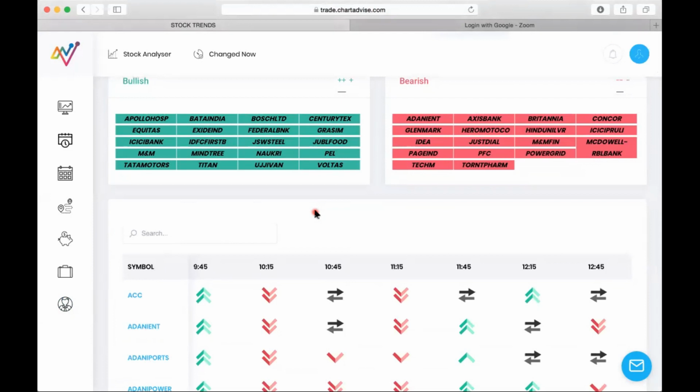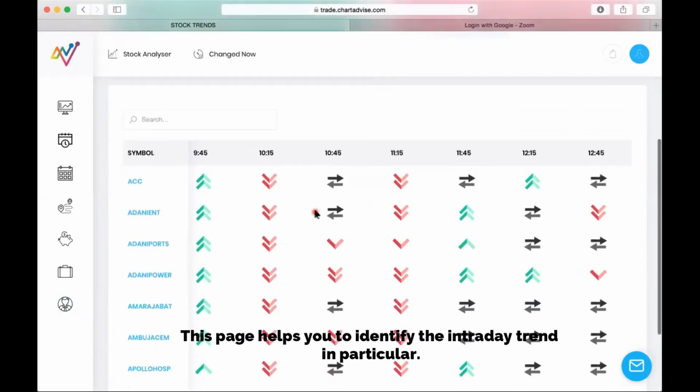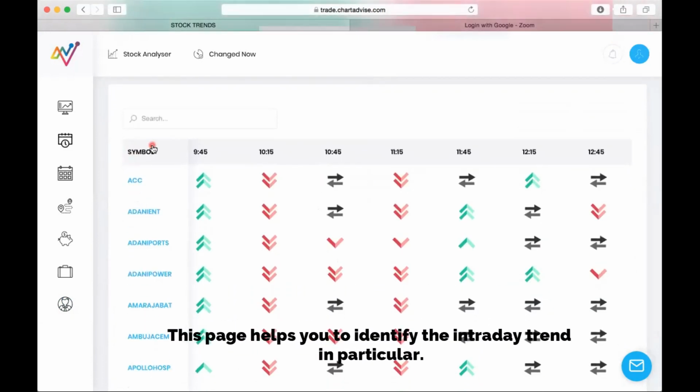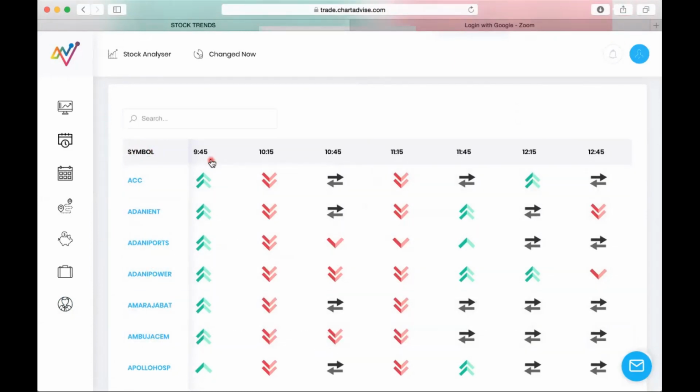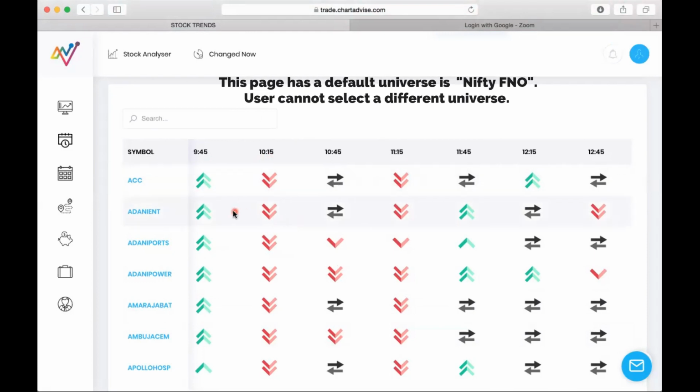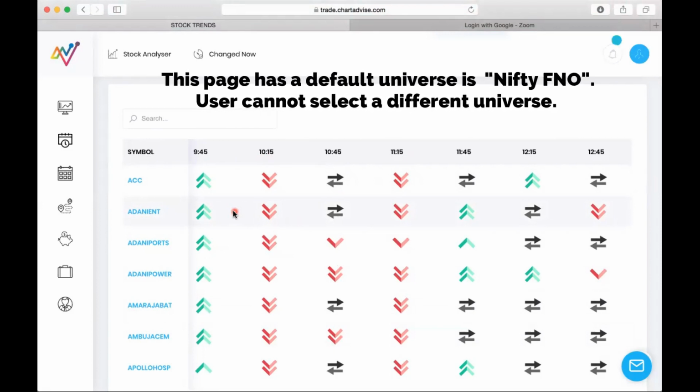So, the whole idea of the page is that it is designed to give the user a perspective on how various stocks and the market as a whole is moving at a given point in time. If you scroll down, you find the names of various stocks, divided into 30-minute windows, and there are various arrows which denote how the stock has been moving in that 30-minute window.